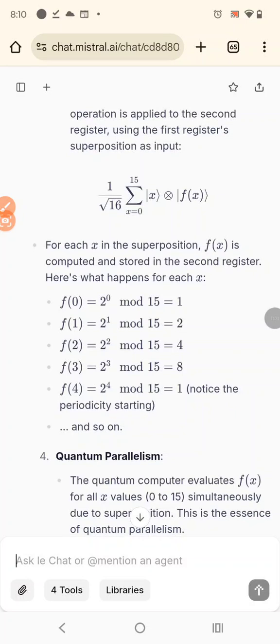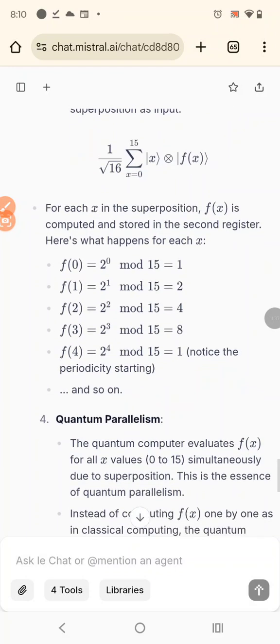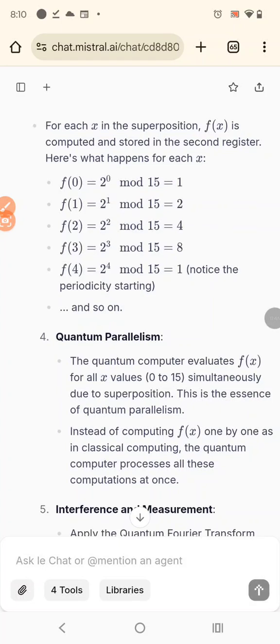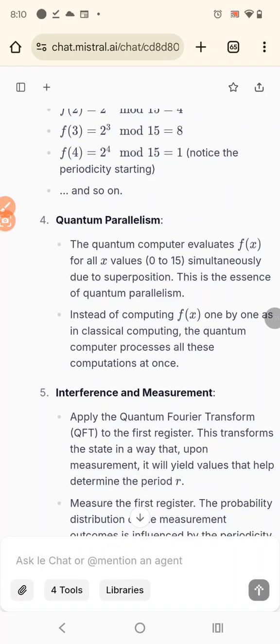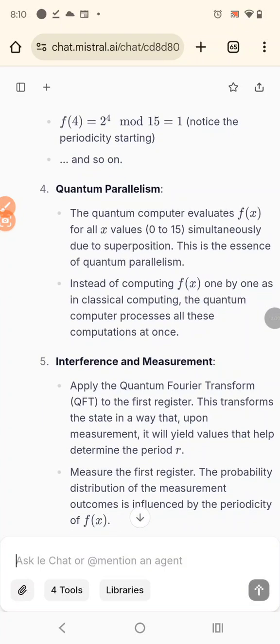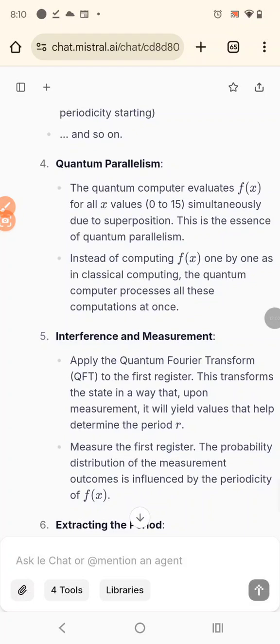So for f(0) we'll store 1, f(1) we'll store 2, f(2) will store 4, f(3) will store 8, f(4) will store 1. Here we can see the periodicity starting, so possibly r equals 4, that's the period. And so the quantum computer evaluates f(x) for all x values simultaneously due to superposition. And this is the essence of parallelism. Instead of computing f(x) one by one as in classical computing, the quantum computer processes all these computations at once.